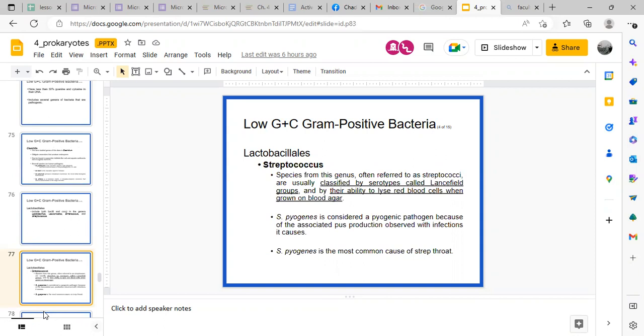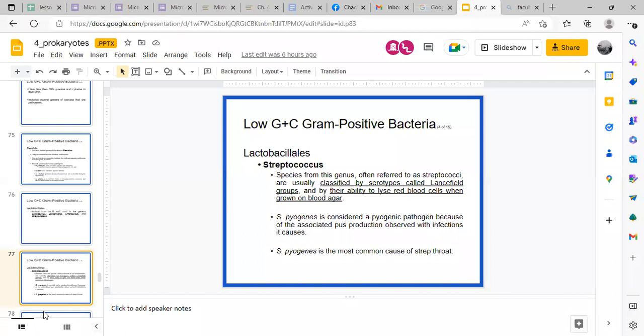In Streptococcus, as the name suggests, the shape is ball-like, in a chain. They're classified by serotypes called Lancefield groups, and they have the ability to lyse red blood cells, so they rupture the red blood cells when grown on blood agar.